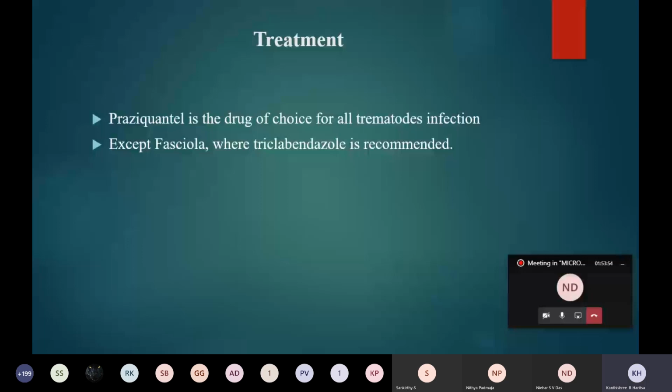About the treatment, praziquantel is the drug of choice for all the trematodal infections except Fasciola, where triclabendazole is recommended.